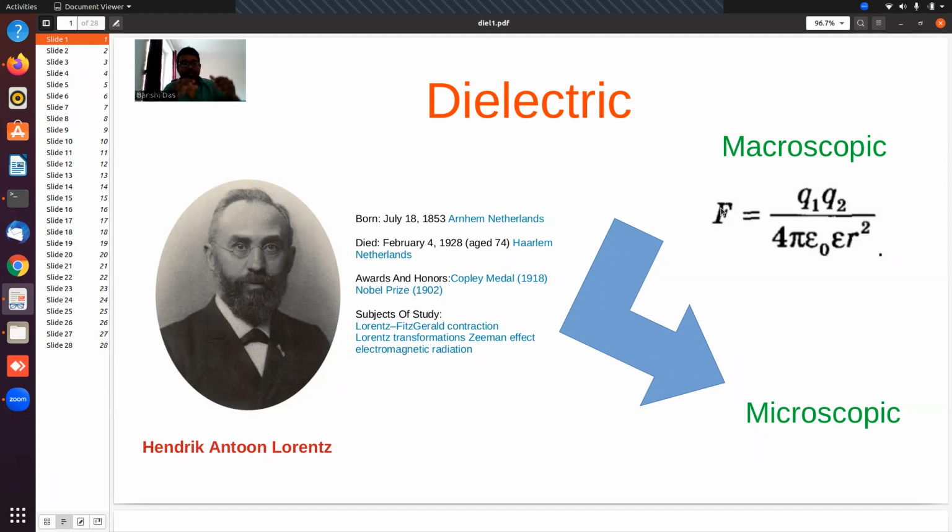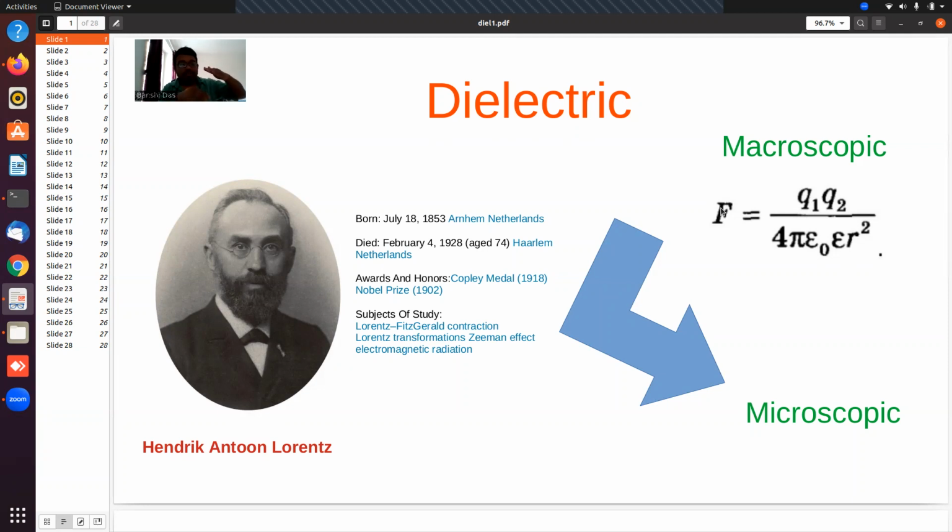If we see the whole work of Lorentz, he did the Lorentz contraction, the Lorentz transformation, from which Einstein could think about special relativity. Lorentz also got the Nobel Prize for the Zeeman effect, the splitting in a magnetic field.